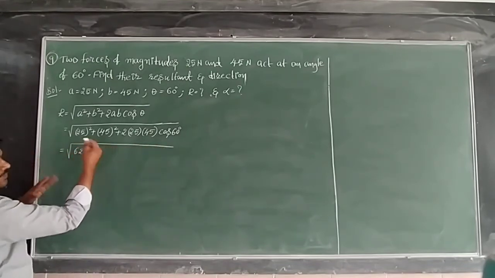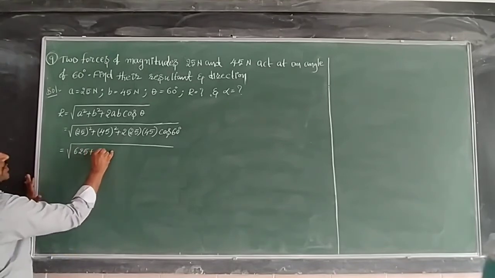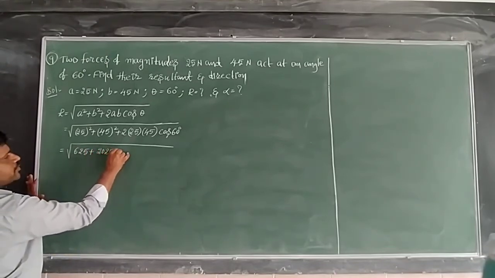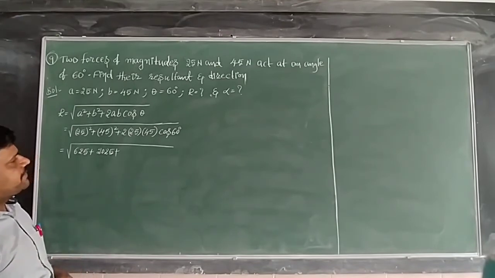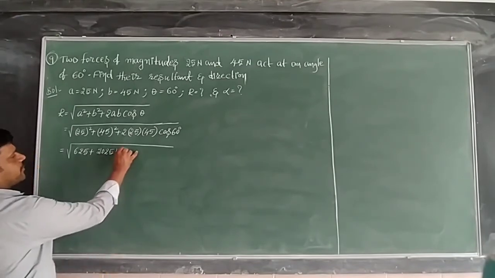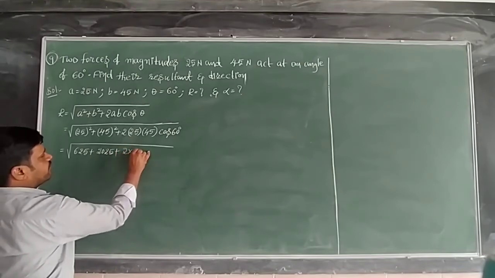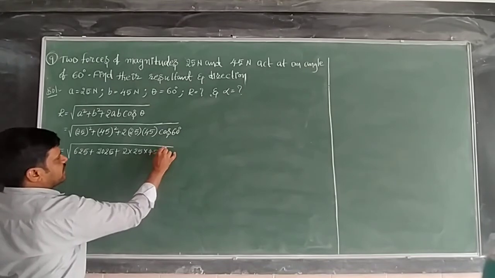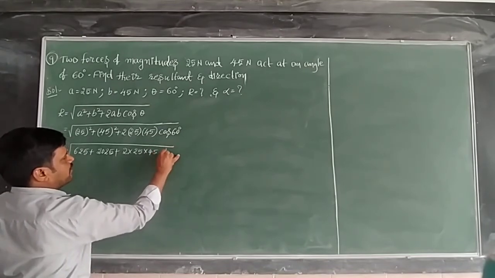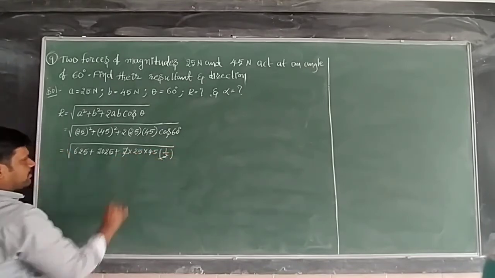Next, 45 whole square, you make it 2025. Next, 2 into 25 into 45 into cos 60. Cos 60 value is 1 by 2, so the 2 and 1 by 2 cancel.